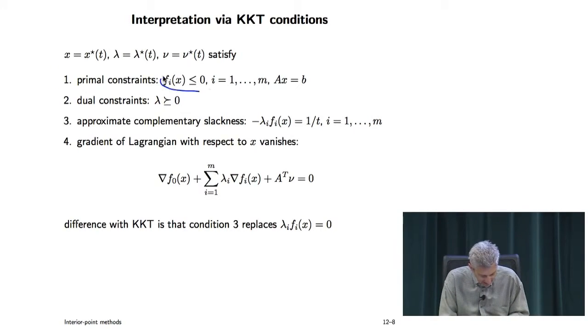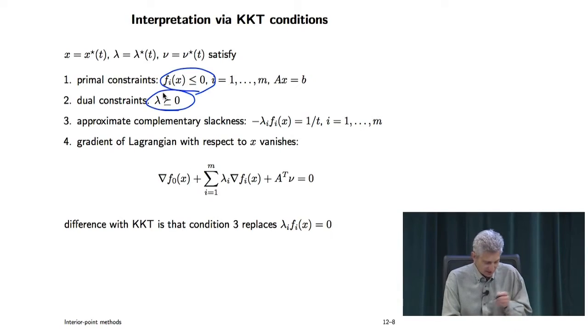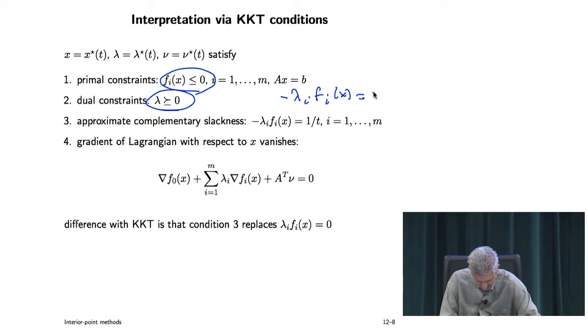Well, you better have primal feasibility, right? You have to have this. That's another one. And you have to have complementarity, and that says this, that's equal to 0, for i equals 1 to m, right?